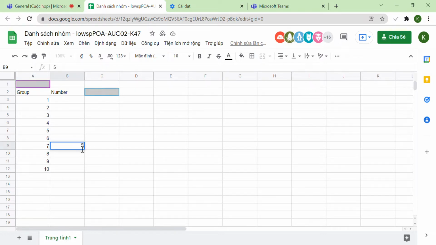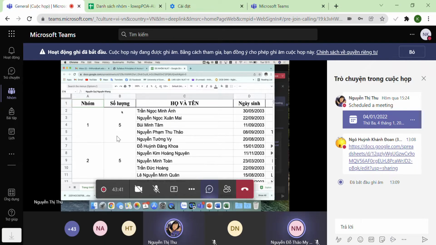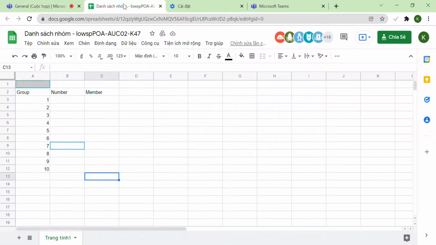Group, number of members, and your full name. Số lượng means number of members. Number of members in your group. How many members in your group? A, B, and C, that's enough.